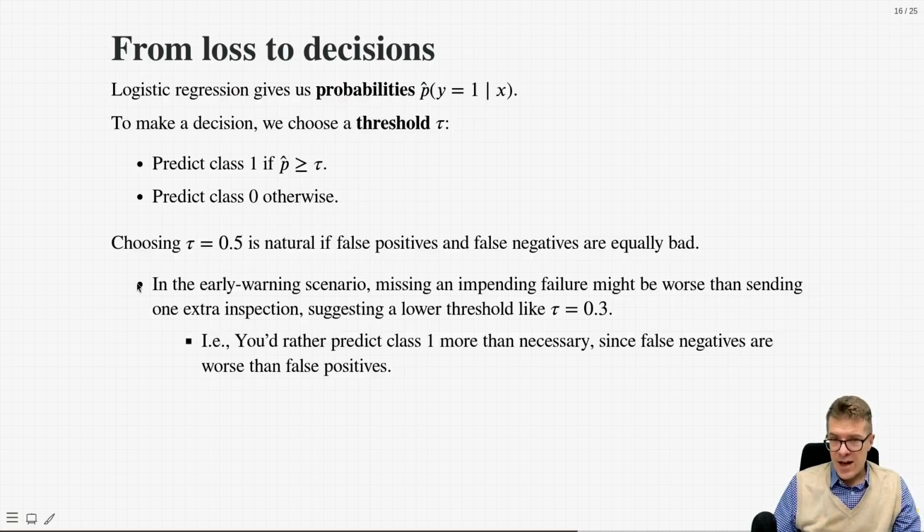And you can see how this will potentially result in a lot of false positives, right? So if something's only 31% probable of happening, you and I know it's a low probability. But you better be safe than sorry, better send somebody out to inspect that jet engine, okay? Because we care more about the cost of a false negative than we do about a false positive.